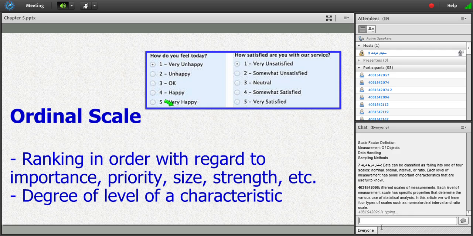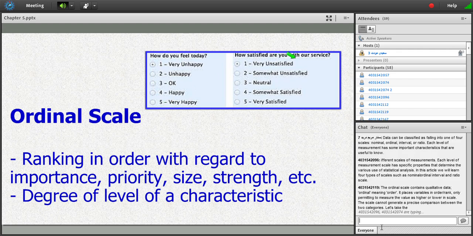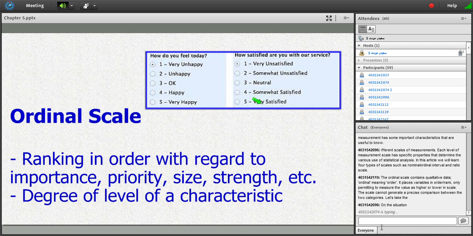Yeah, each level has specific properties. That's right. Or look at this example. How satisfied are you with our service? Very unsatisfied 1, somewhat unsatisfied 2, neutral 3, somewhat satisfied 4, very satisfied 5. So what is the highest level? Very satisfied. What is the number? 5.